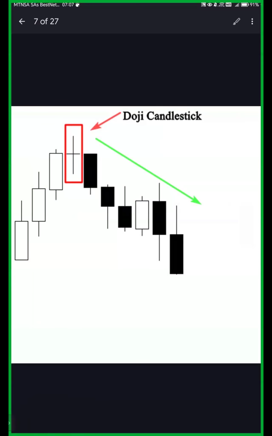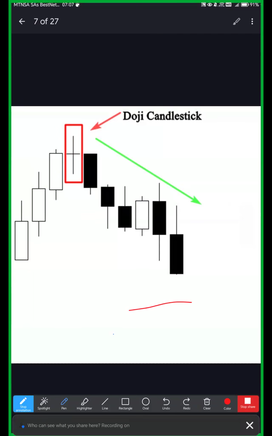You can see that in this scenario, a doji candlestick appears at the top of the price, or at the top of the trend. This was an uptrend, as you can see there. So at the top of the uptrend, a doji appears.